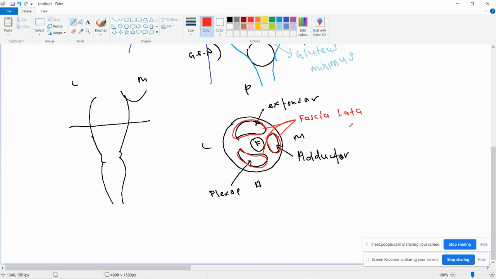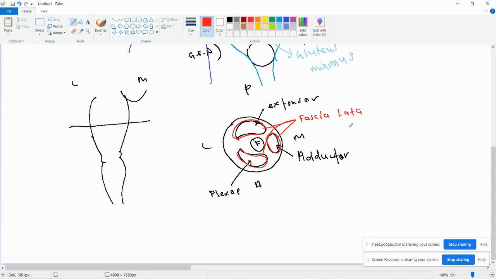So please remember, fascia lata refers to the connective tissue, a membrane, which divides your thigh muscles into compartments. How many compartments do you have? Three compartments: anteriorly flexor, medially adductor, and posteriorly extensor.